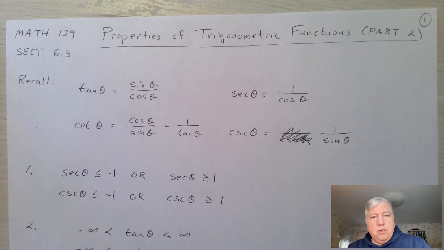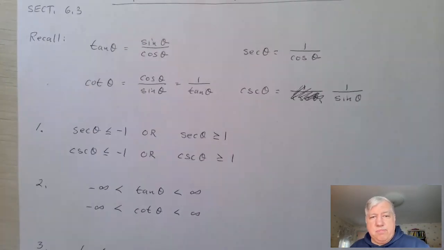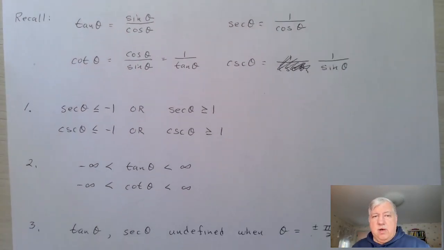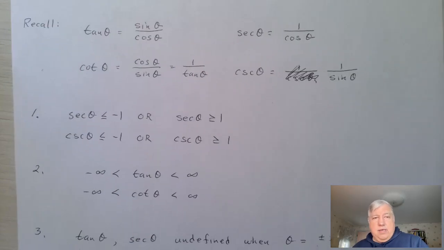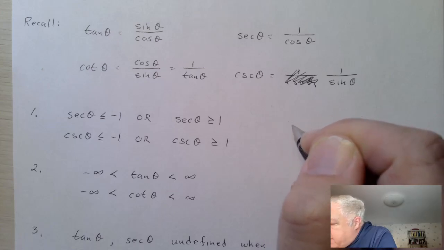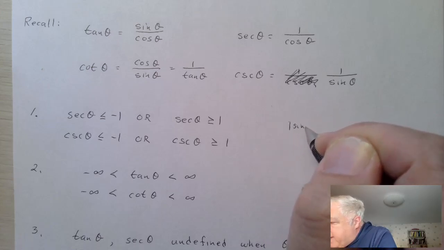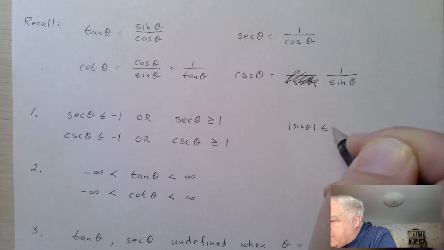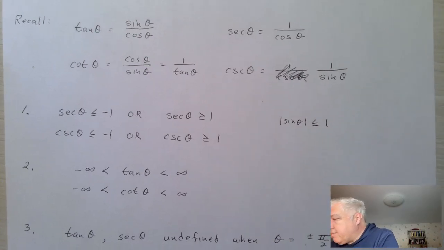Okay. So some properties. First off, the secant and the cosecant are going to be either less than -1 or bigger than +1. The reason is that we know the sine of theta in absolute value is less than or equal to 1.